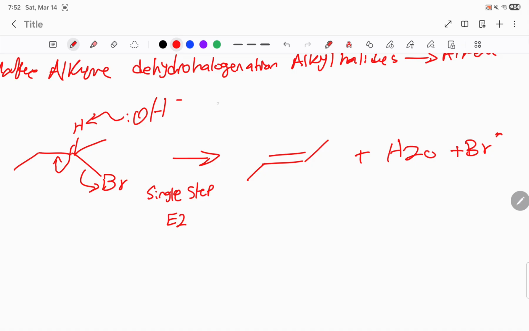Because we started the reaction off with KOH, we know that in aqueous solution KOH separates into potassium and an OH minus. This is my OH minus, and this K plus at the end of the reaction will associate with this Br minus and make KBr.